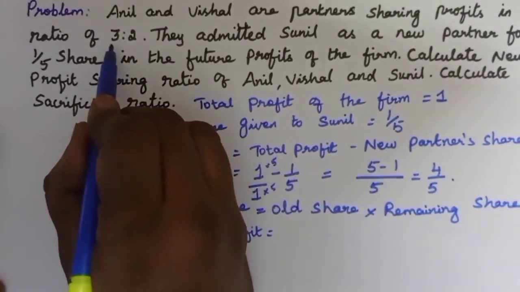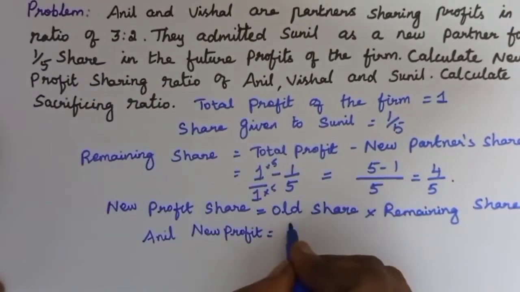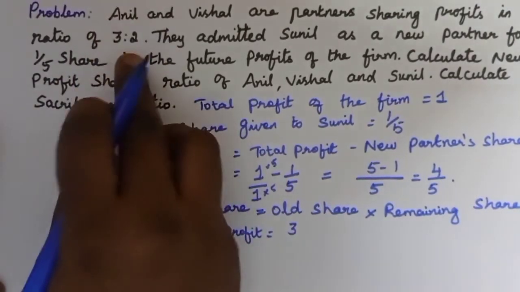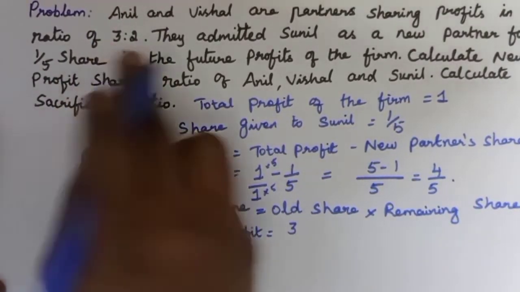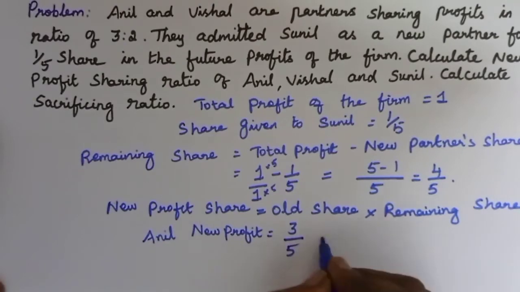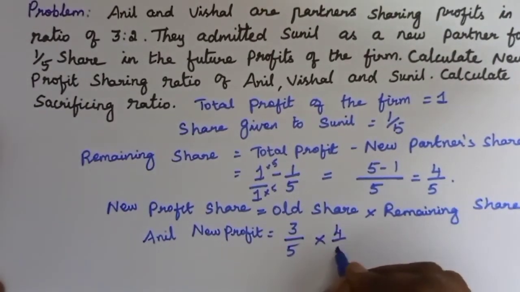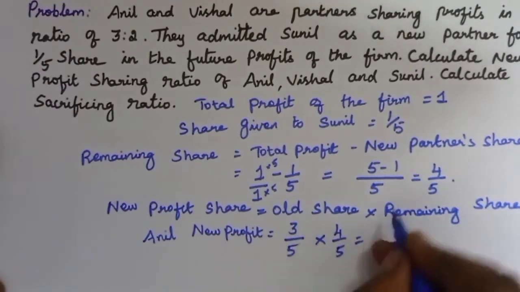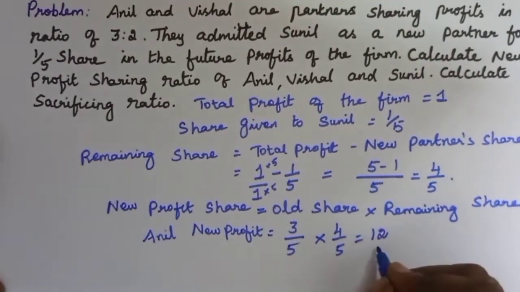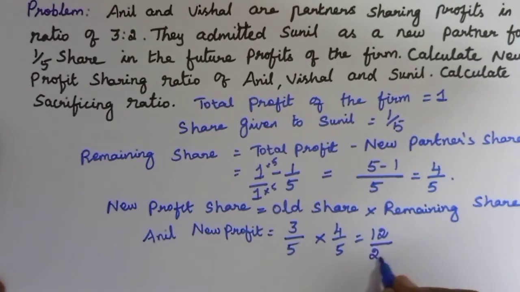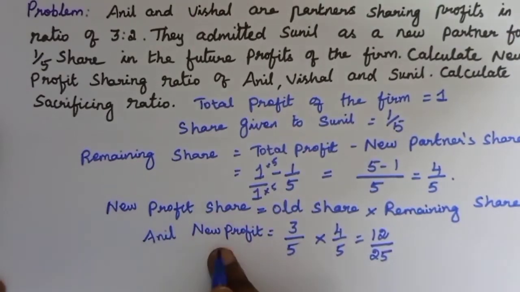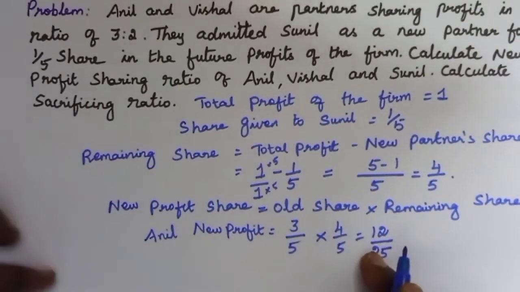Old share for Anil is 3, the total proportion of the profit is 5, so 3/5. Remaining share is 4/5. 3 into 4 is 12, 5 5s are 25. So Anil's share of new profit is 12/25.